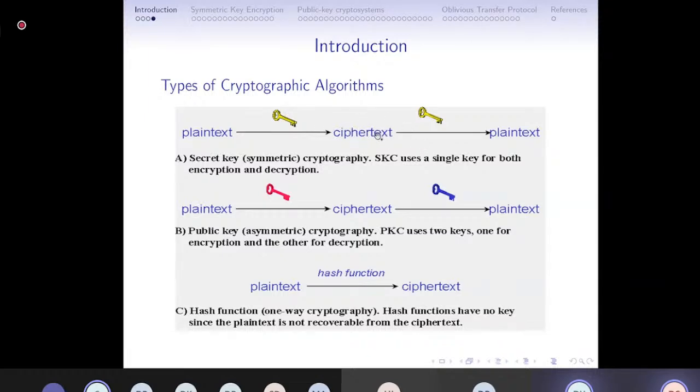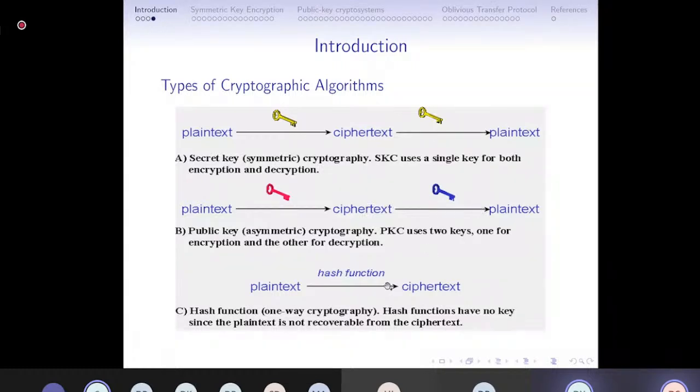In order to decrypt this ciphertext, again we use the same key and recover the plain text. But in case of a public key crypto system, in order to encrypt the plain text, we use the public key and the encryption scheme, and convert the plain text into the ciphertext. Then we use the secret key and convert that ciphertext back into the plain text.